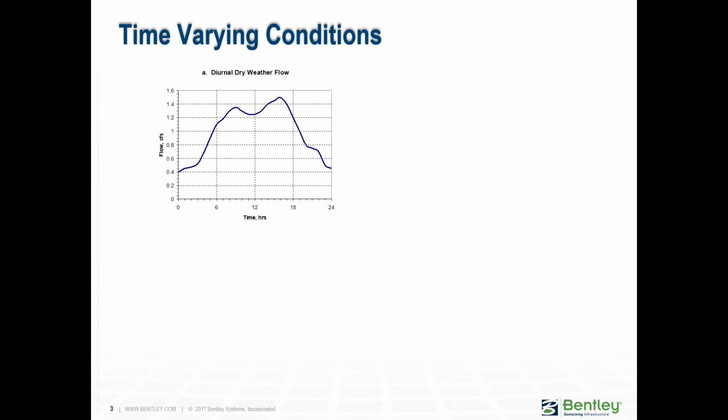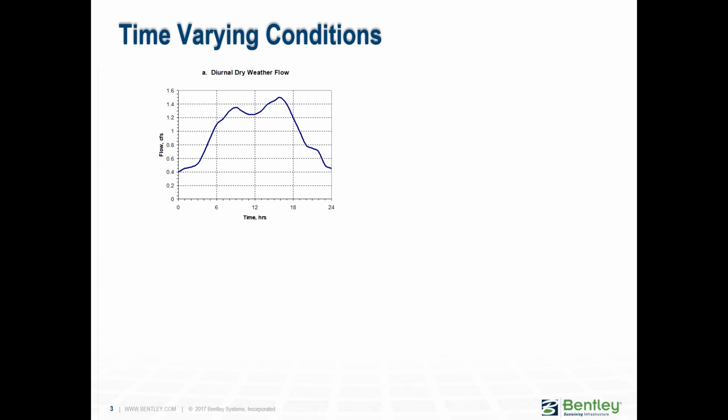So why would we be interested in looking at things changing over time? Well, the flow in a system doesn't remain steady because of the loading variations due to domestic and industrial wastewater use, or water use that becomes wastewater.